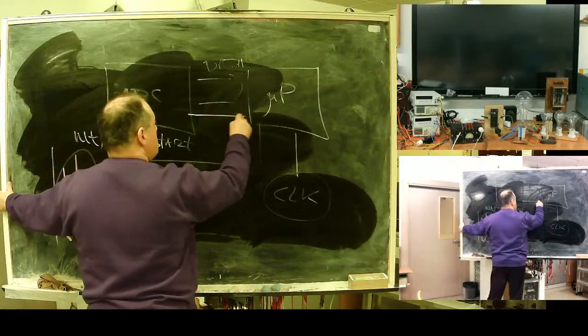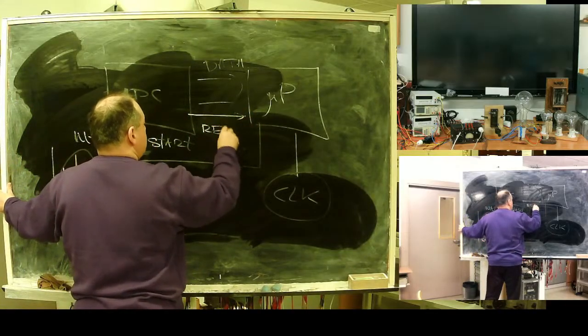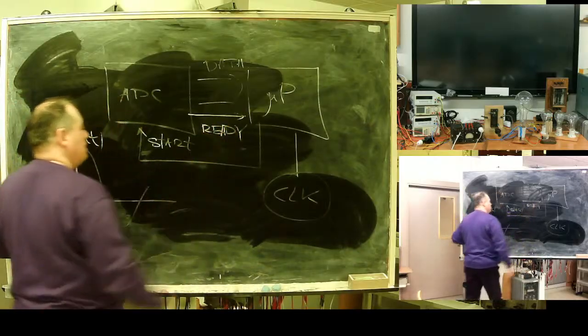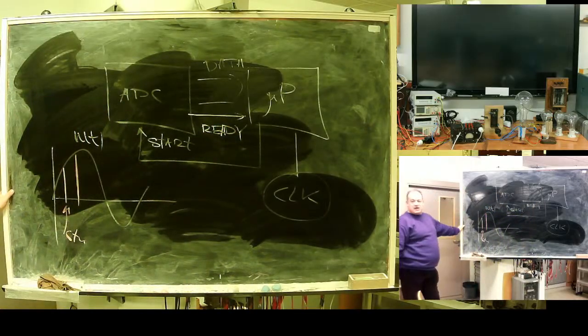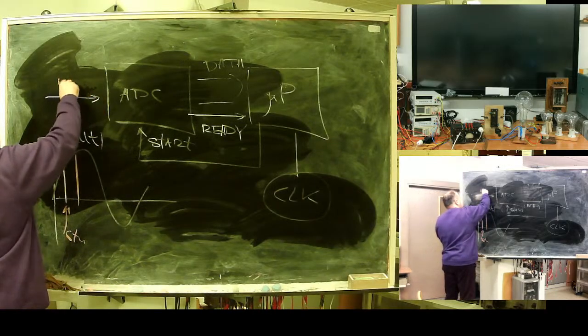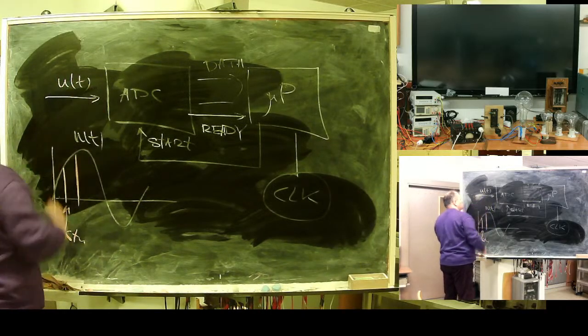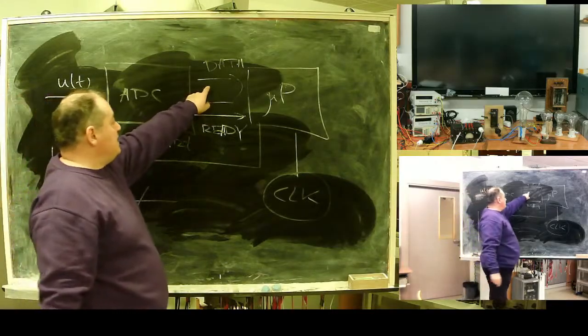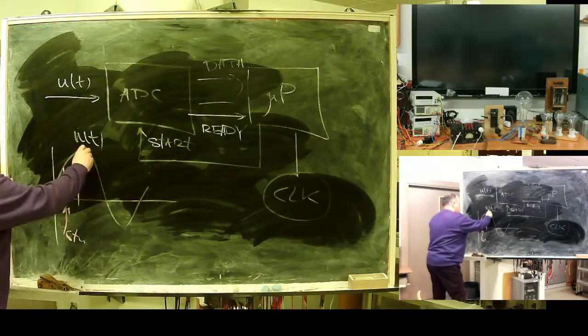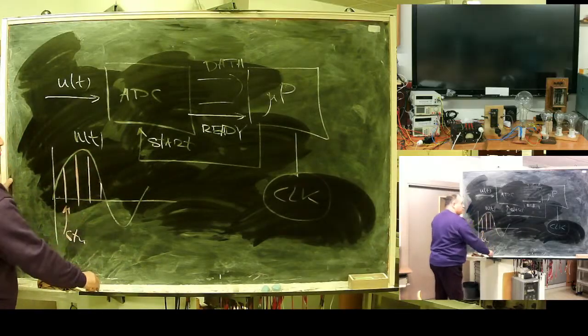Also an RDA signal: I'm ready, measurement completed. Here should be our voltage at that time. This is the data. So the start signal determines where sampling should occur.